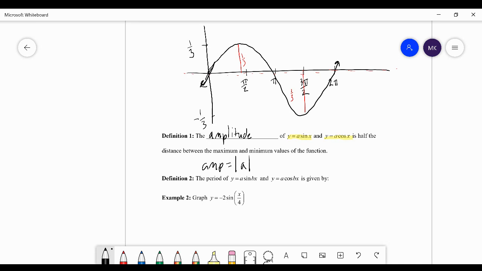From this midline, from this middle, our function will go up 2 units, and then from there it'll also go down 2 units. That'll be the maximum spread that our function has.